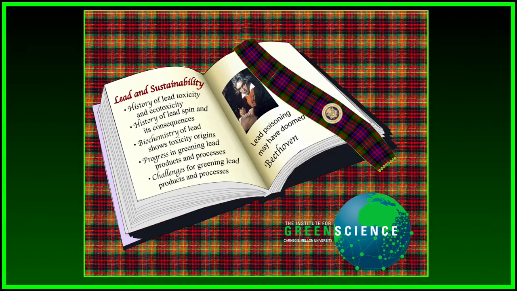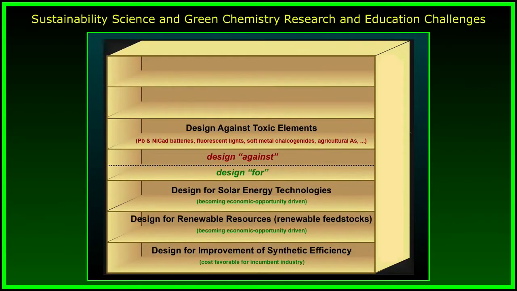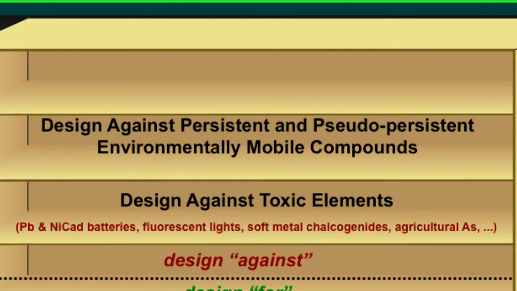Well, this brings us to the 5th shelf on our bookcase, Design Against Persistent and Pseudo-Persistent Environmentally Mobile Compounds. I use the term pseudo-persistent as it is often used to imply compounds that are being reasonably rapidly degraded in the environment but are being replaced so frequently that a steady state concentration exists in either the environment, an environmental compartment, or in an organism.